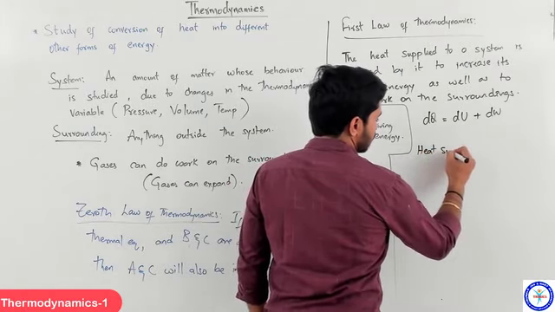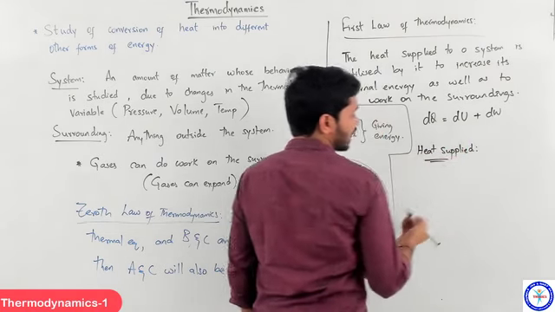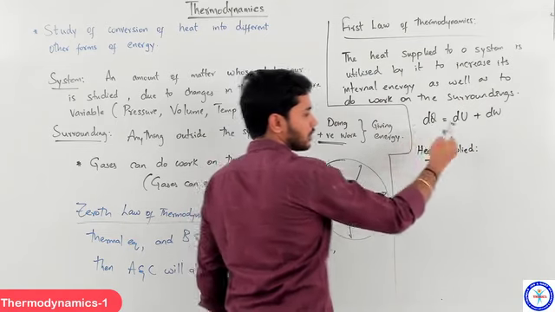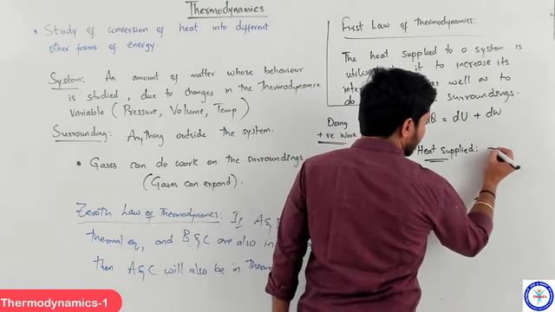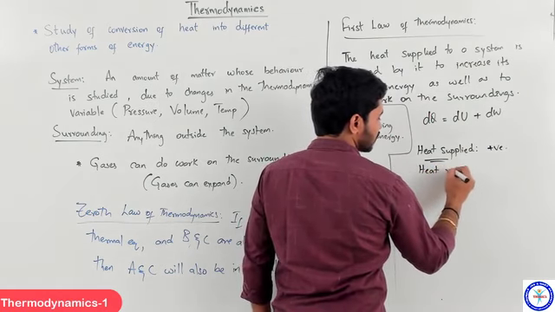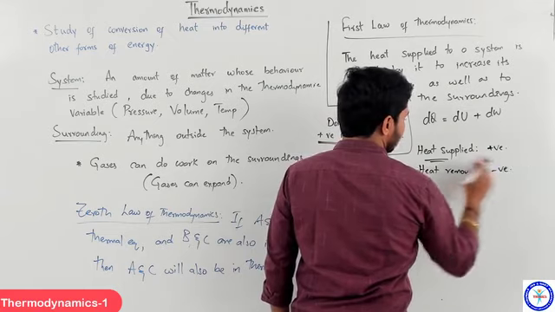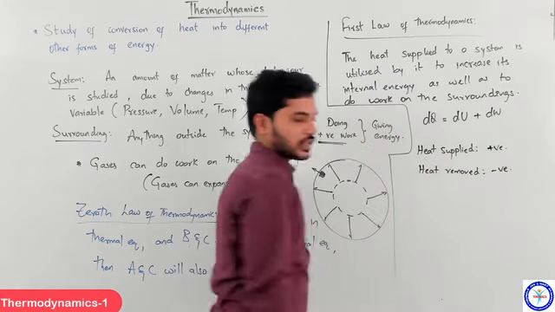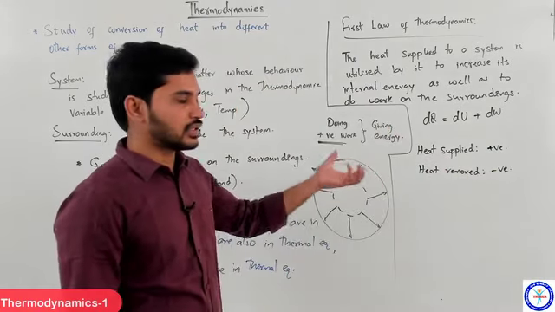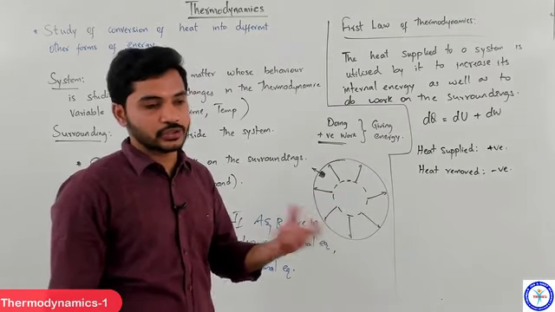Heat supplied. Whenever you are supplying heat to a gas, we consider the sign of heat, dQ or delta Q, as positive, and similarly heat removed from a system, heat removed from a gas, will be considered as negative. If you are giving heat, the gas has that energy to utilize, so it has some positive energy to utilize, right?